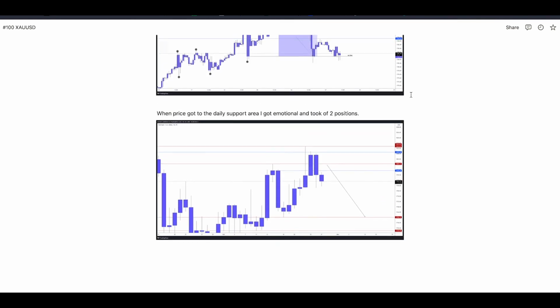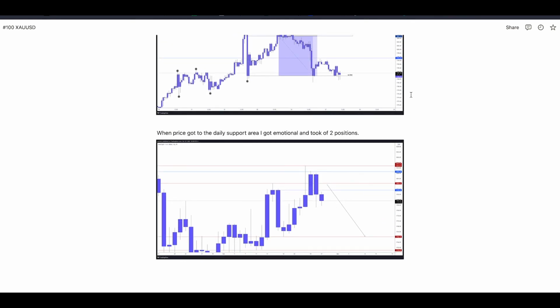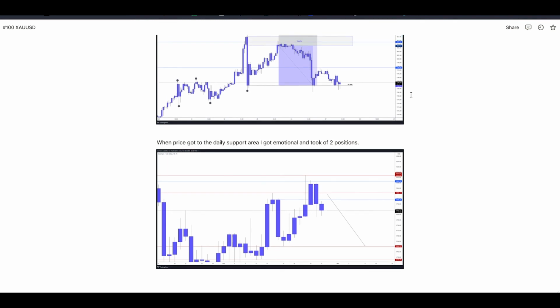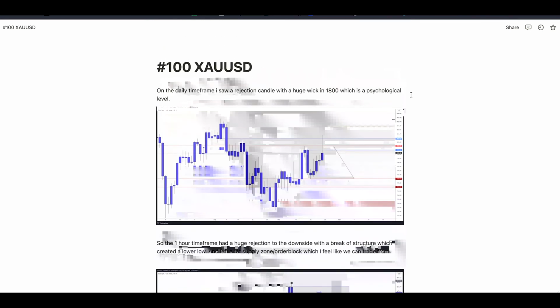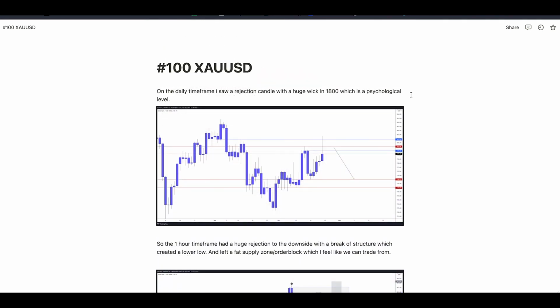So that's basically really it. What I usually do when journaling a trade. And I know it's probably not the simplest way of explaining it, but this is just my way. You will have to accept how I do it.